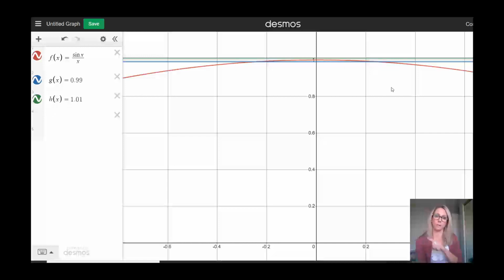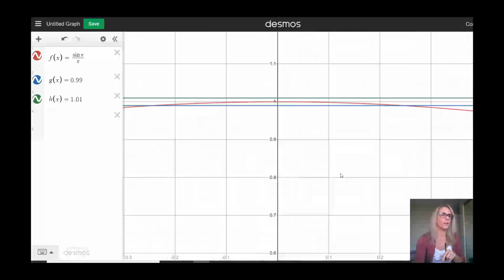Those are just constant functions. And all we need to do to figure out that distance is take a look at how far we are, basically those intersection points of the function with those 2 constant functions. So notice it's pretty small.